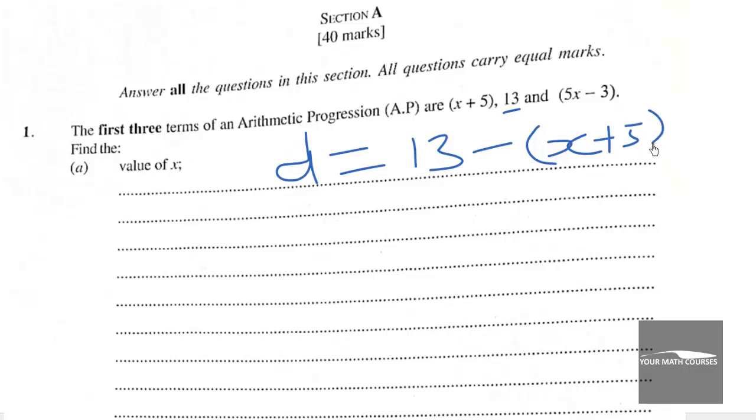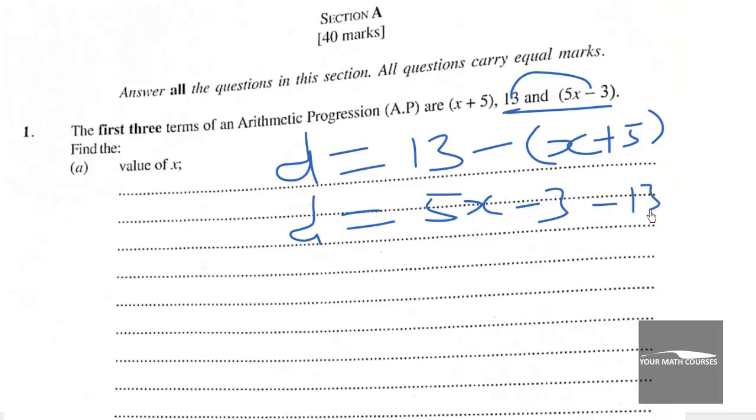We can also find the common difference, or the constant difference, using this term and this one. So we get 5x minus 3 minus 13. These two common differences should be the same.